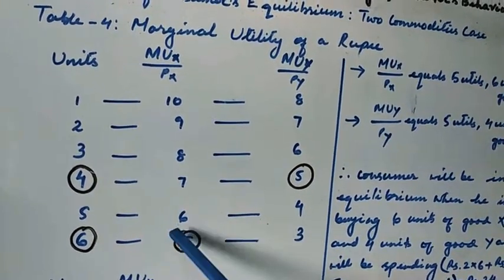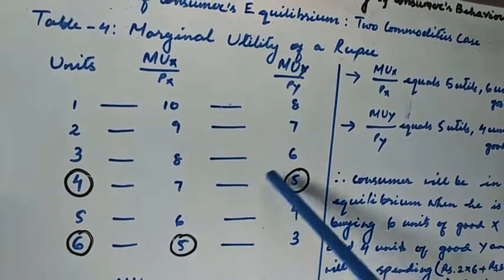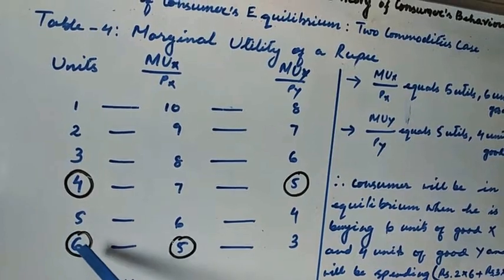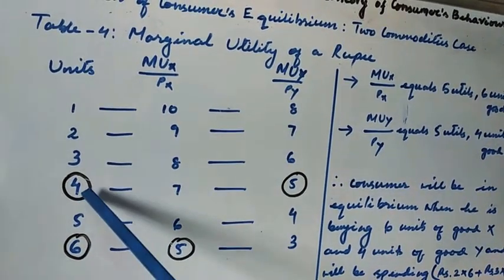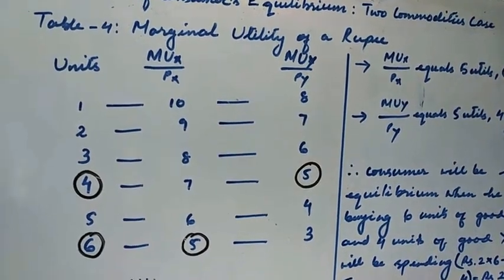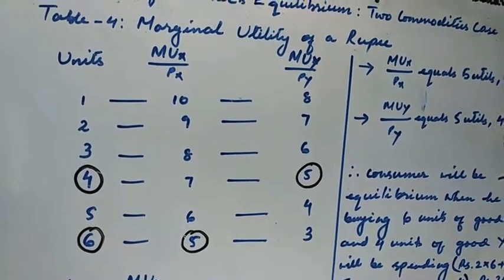So at this utility level of both goods, consuming 6 units of good X and 4 units of good Y, a consumer is spending all his money income, that is rupees 24.